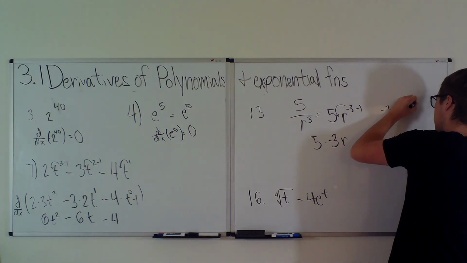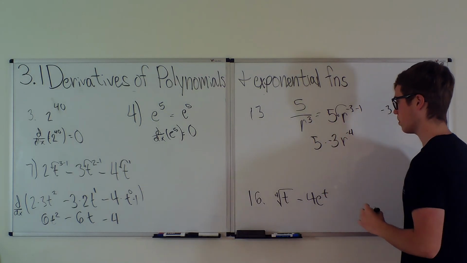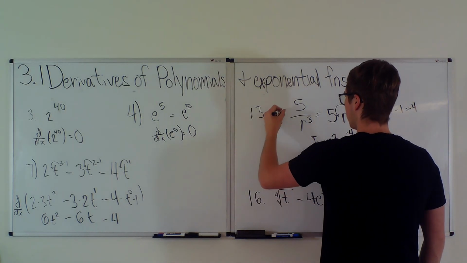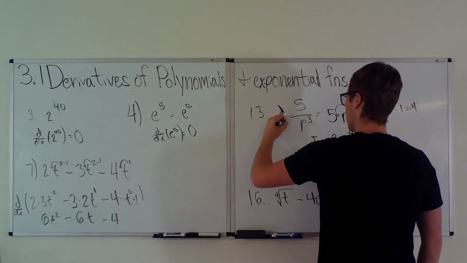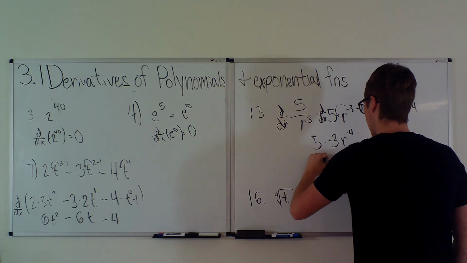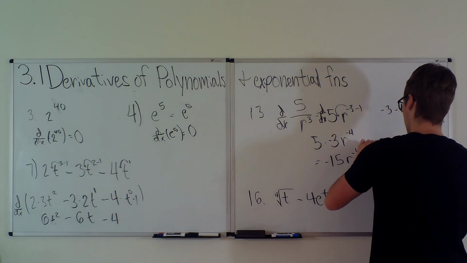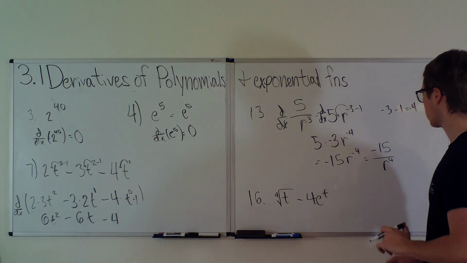Negative 3 minus 1 is equal to negative 4. So then you have r to the negative 4. The answer to this is negative 15 r to the negative 4, which is equal to saying negative 15 over r to the 4. That's pretty simple.